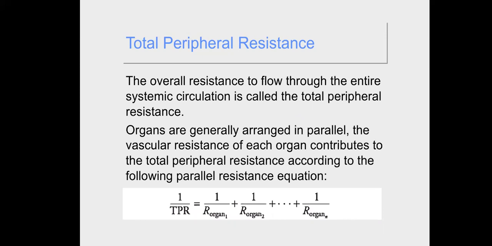So you have to understand that the total peripheral resistance is governed by the elastic properties of the arteries and the veins. Distending pressure is the difference between the internal and external pressure of the vascular wall.